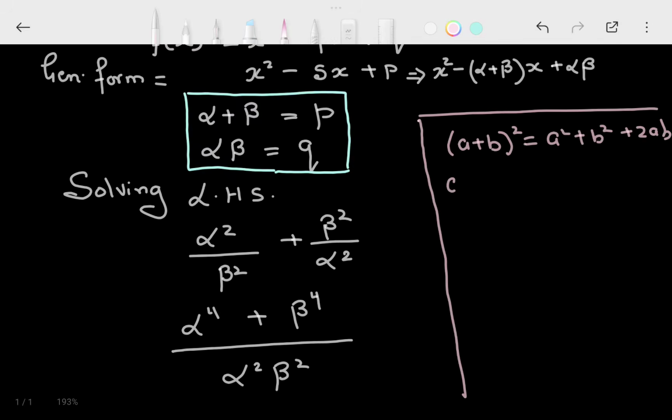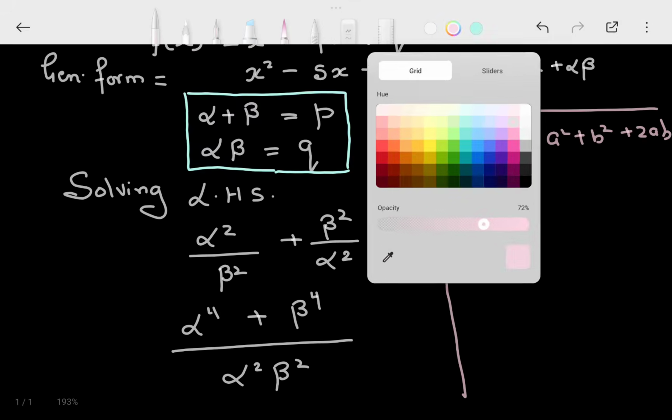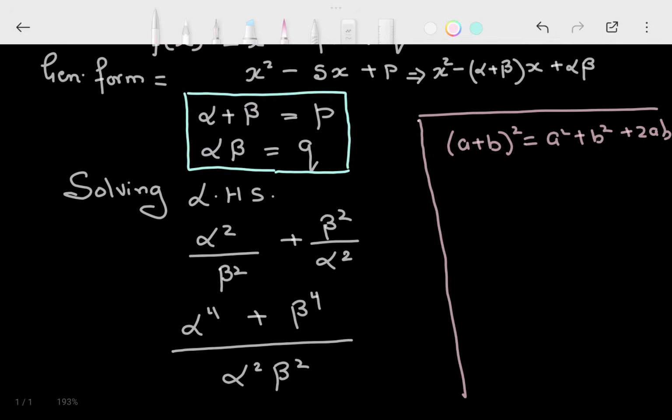On rearranging, what we get, A plus B whole square minus 2AB is equal to A square plus B square.